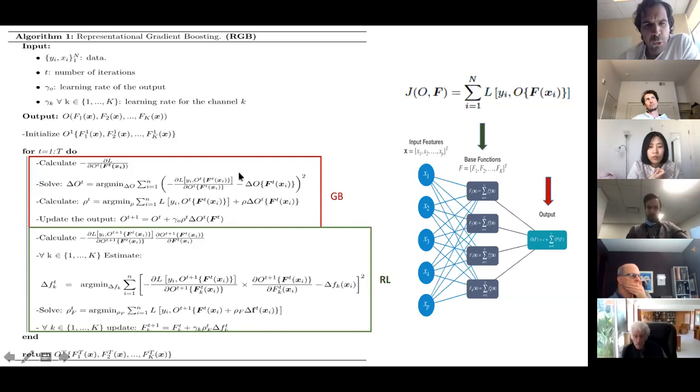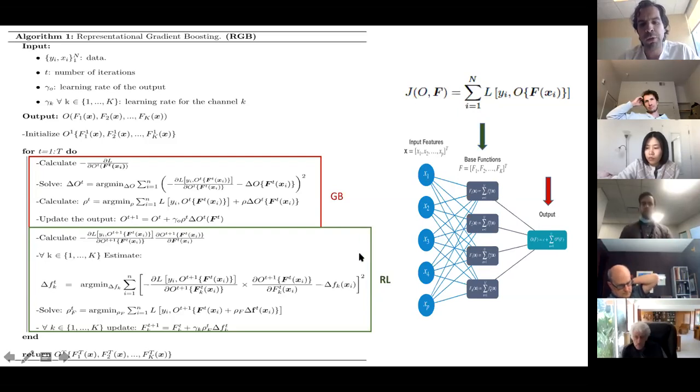So with these two blocks, you can start performing updates. You can make an update for the output function, you can make an update for the bases, and then start growing their complexity. Now, I just want to make a point here. Note that, different from neural networks, because I'm not specifying a class of functions for the basis, their complexity grows with every step that I make.